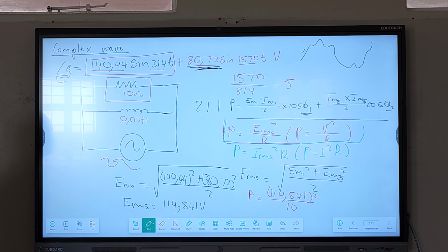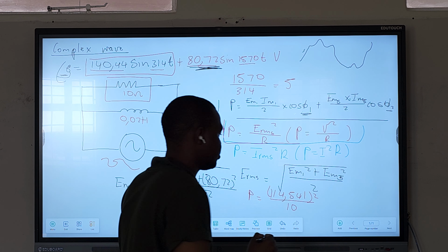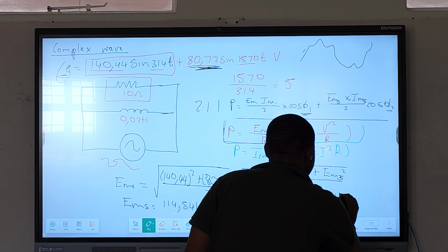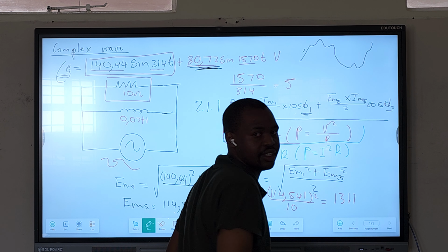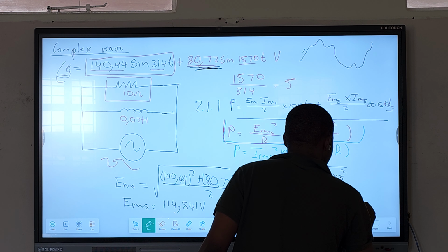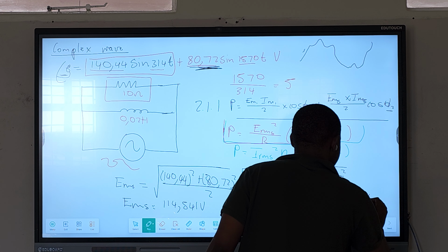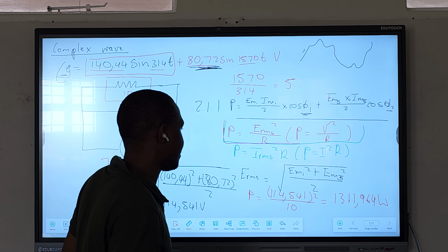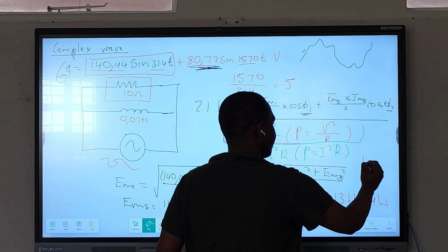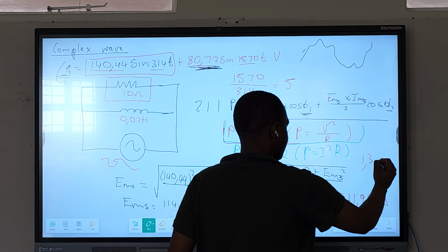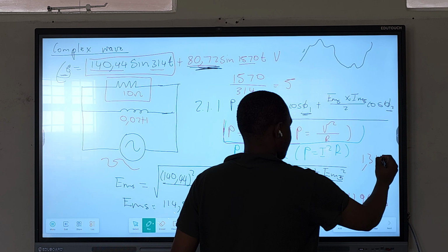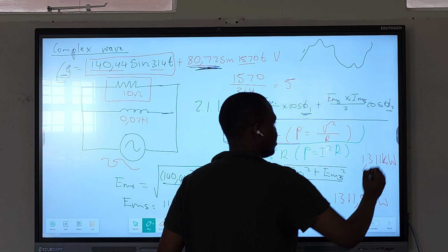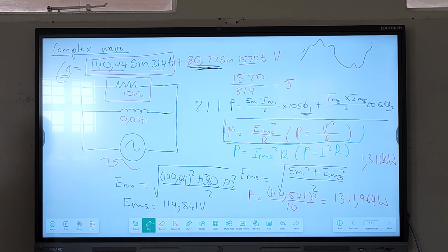It's going to be 1311.964 watts, or you can put it as 1.31 kilowatts.